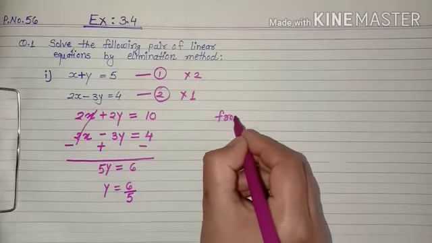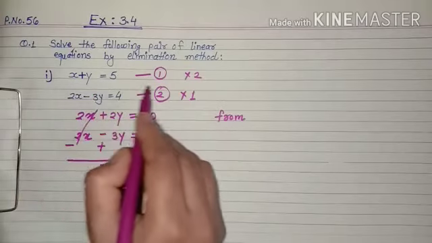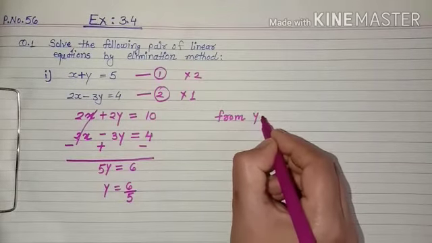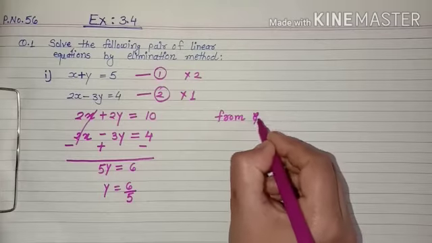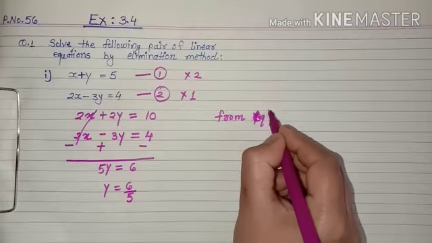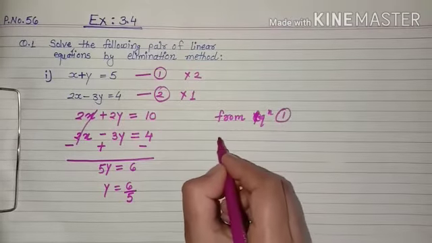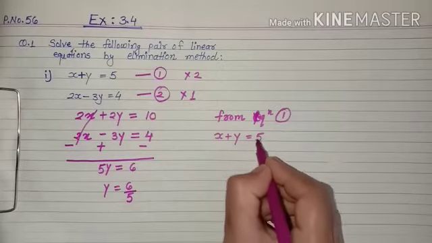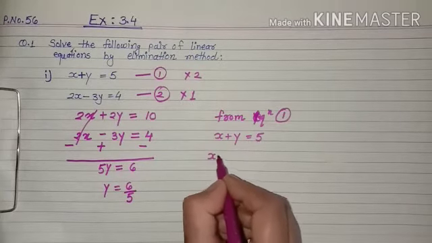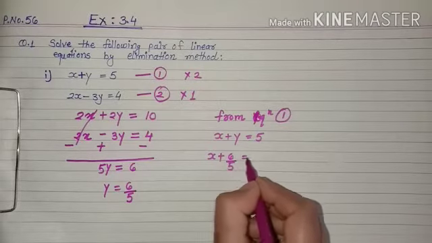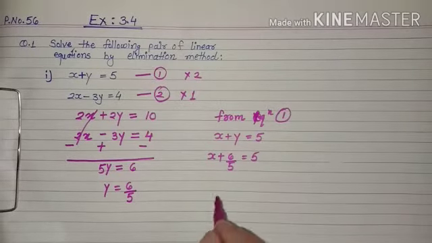Since the first equation is very simple, we will substitute the value of y in equation 1. x plus y equals 5. x plus, if we substitute the value of y, 6 upon 5 equals 5.